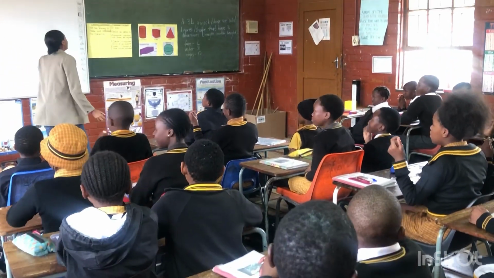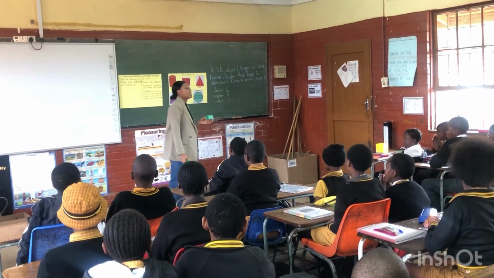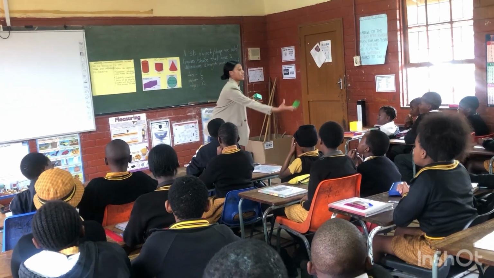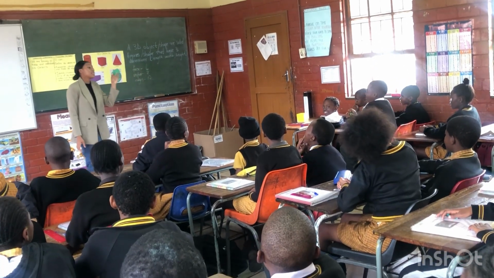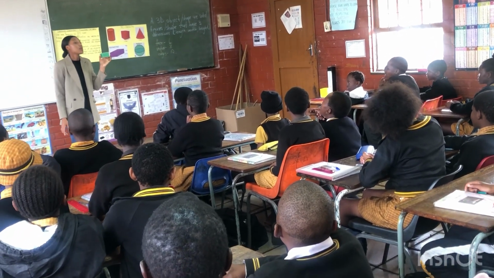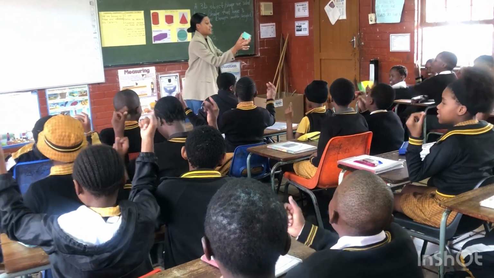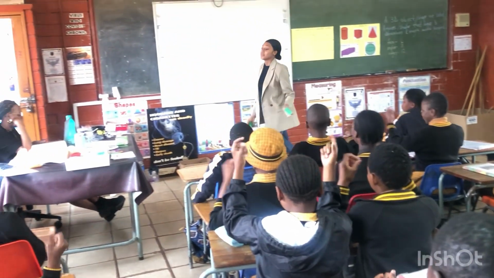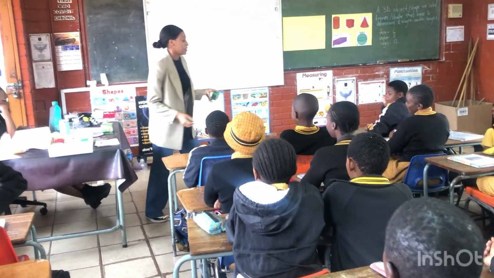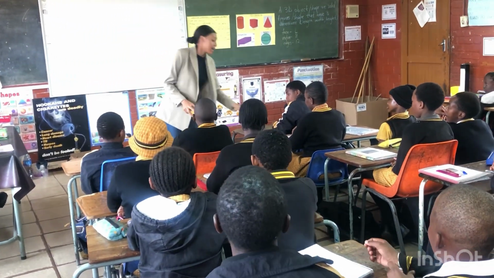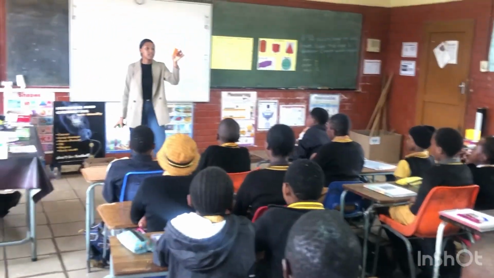Thank you. And then now we're looking at the edges. How many edges does the shape have? 12. Is he correct? Yes. Nice. So we're done.